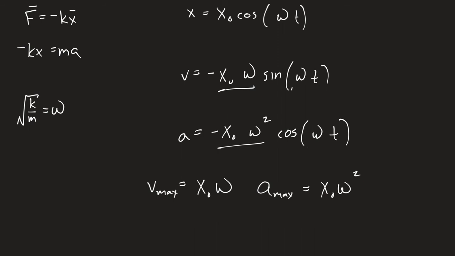And more than that, we even talked about the fact that the period of the oscillation was 2 pi times the root of m over k, but in this shorthand, 2 pi over omega, which based on frequency being the inverse of period, this would be omega over 2 pi.